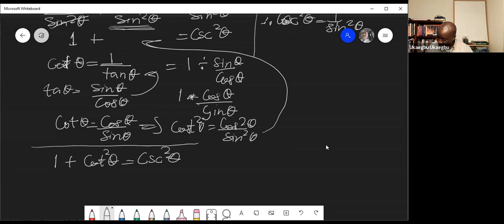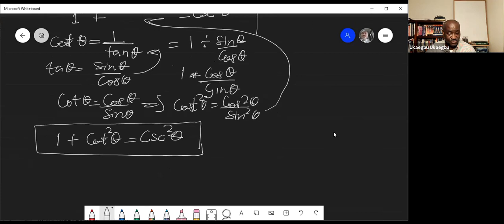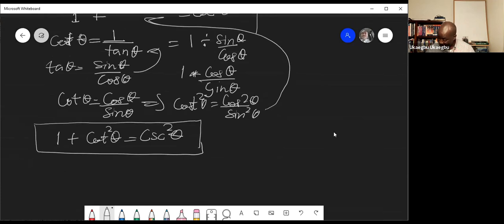So that's the other trig identity that is in that reference sheet that I just gave you. In some questions, they will ask you to prove that or show that 1 plus cot square theta is equal to cosec square theta.